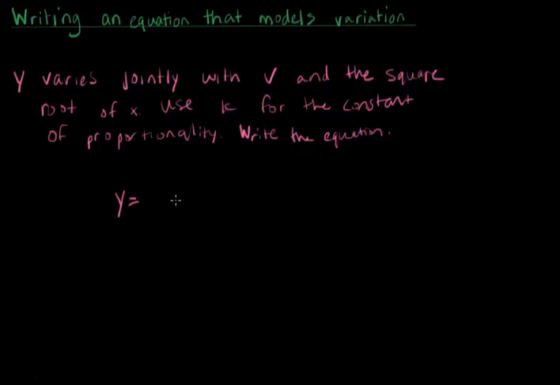And then it says with v and the square root of x. So when something varies jointly, we just multiply them, and then we always need to multiply the constant of proportionality, and that's it. I know that these sound complicated, but if you break it down, you're just putting them into the model that we learned in the beginning.